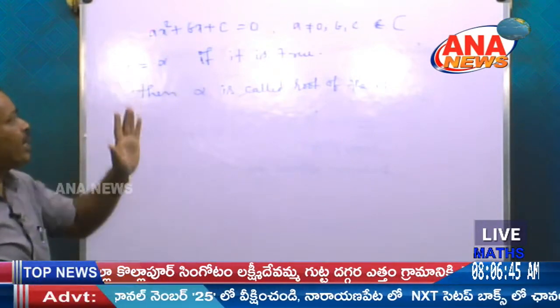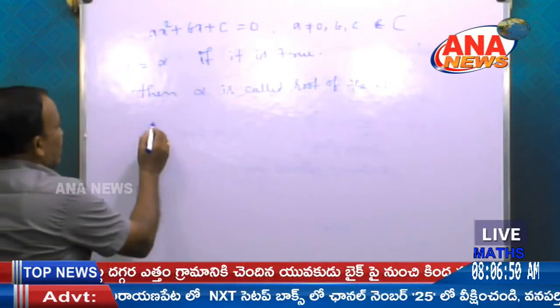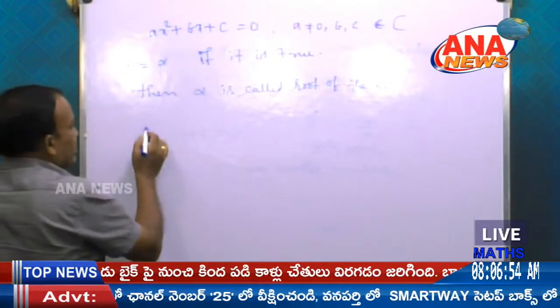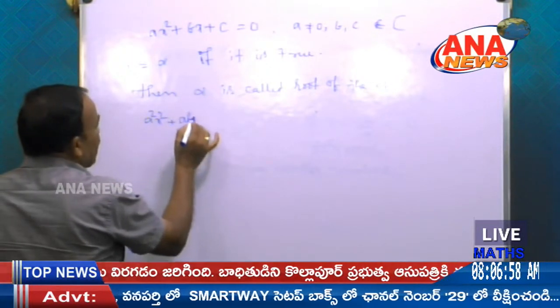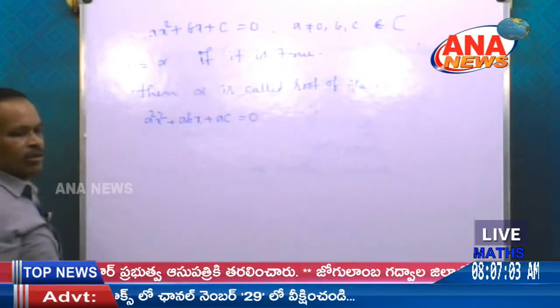A is not equal to 0. That's why just multiply the equation with a on both sides. After multiplying a on both sides, you get a square x square plus abx plus ac is equal to 0.